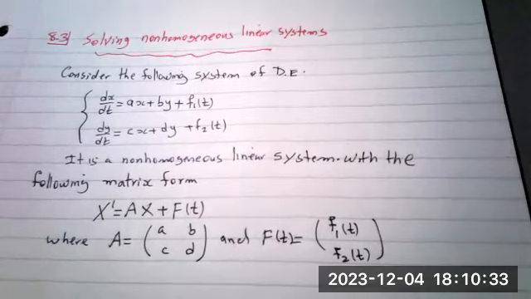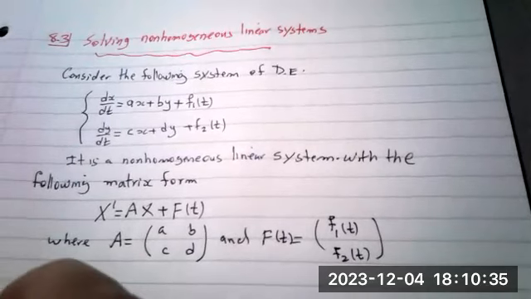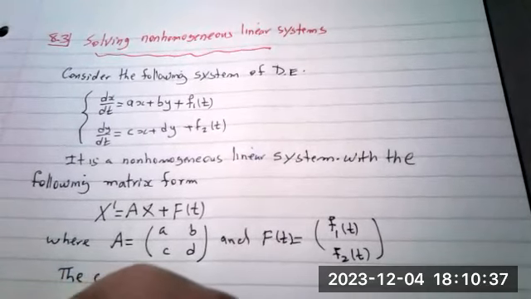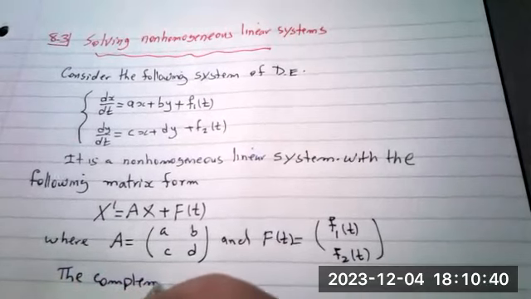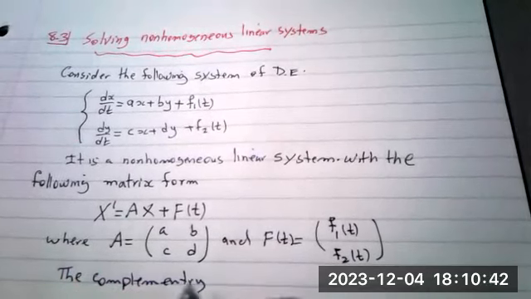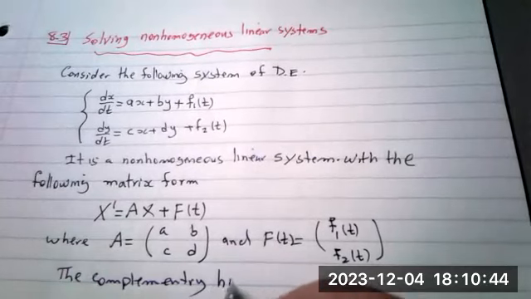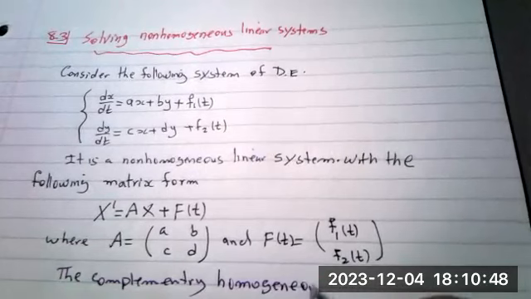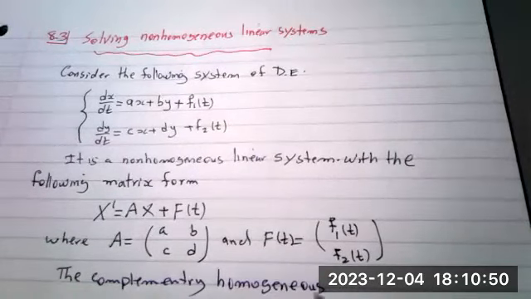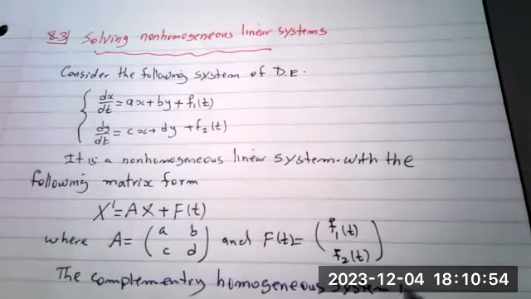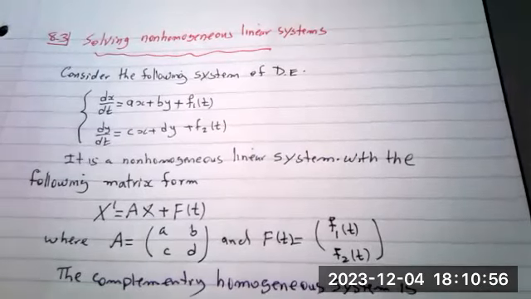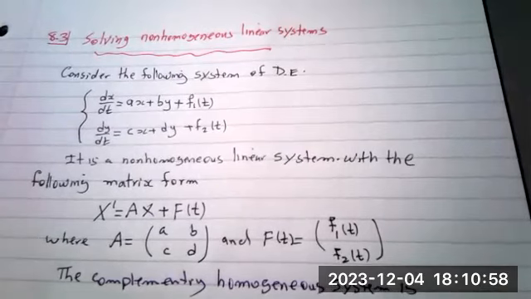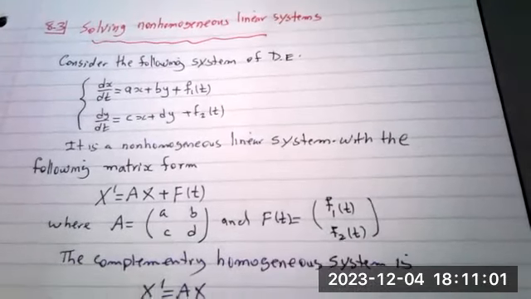In order to solve it, the complementary homogeneous system, if you like, in matrix form is x prime equal to A times x.